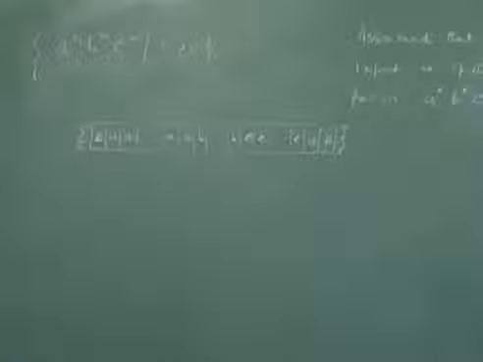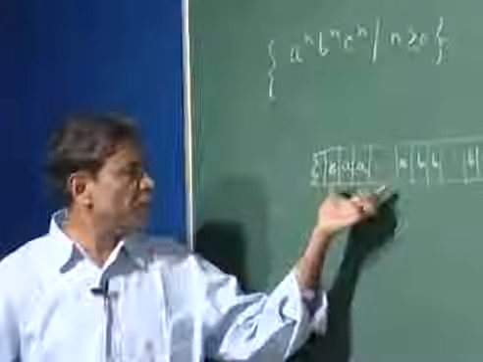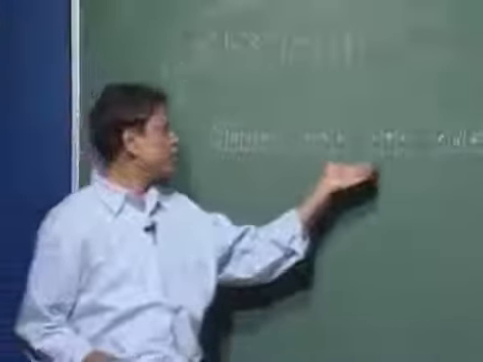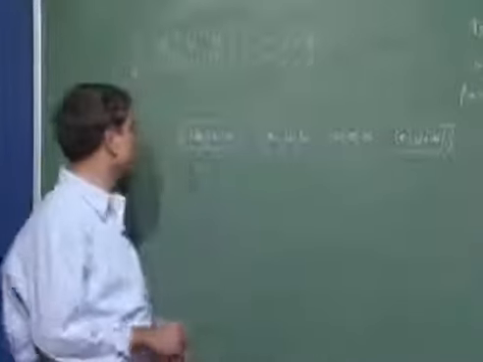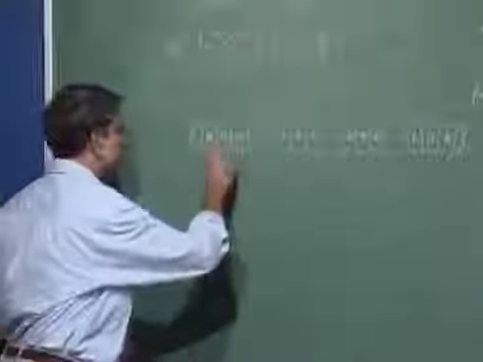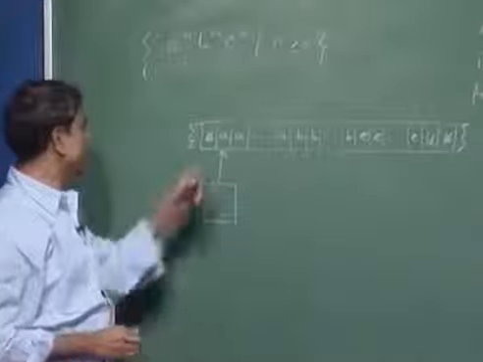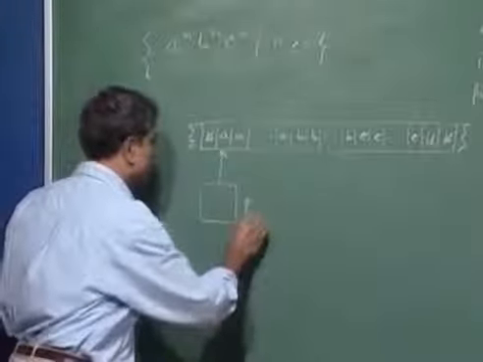And our Turing machine would like to make sure that the number of A's in the block of A's is the same as the number of B's and the number of C's. The input starts here. So, initially the Turing machine is scanning this symbol A in its initial state Q0.